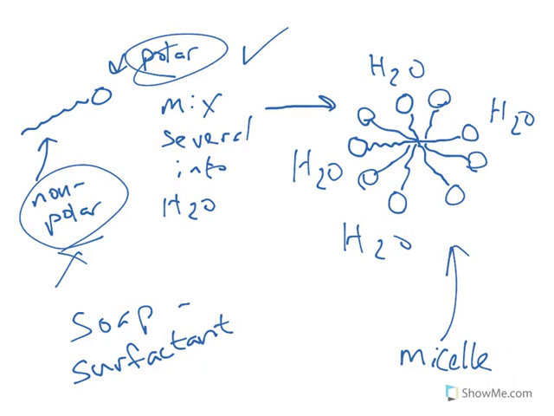Those are synonymous terms in chemistry, so surfactant is a little more of a technical term for a soap. So how does soap work? How does it clean things? It has the ability to pick up grease using water as your solvent.